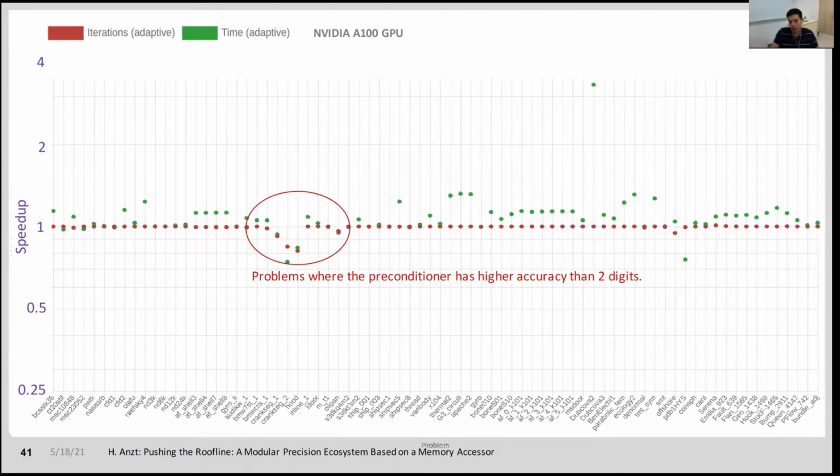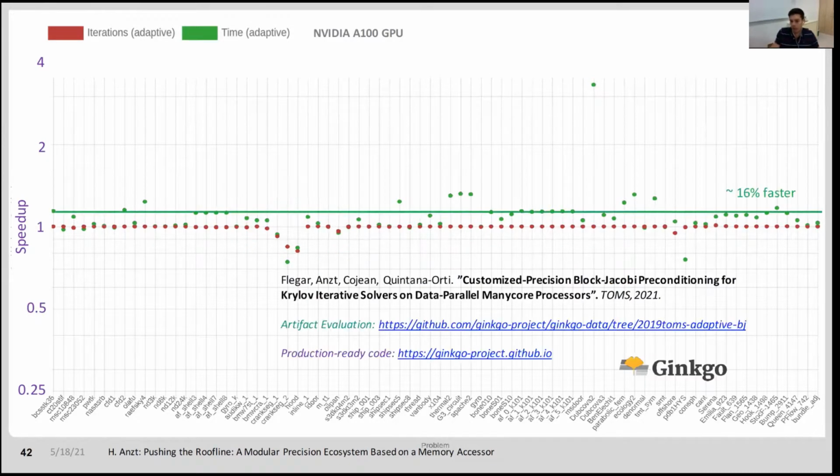So the preconditioner was the exact, or more or less exact inverse. And if I now use lower precision for storing the information of the preconditioner, I lose information, and I need additional CG iterations. However, for most of the systems, I'm faster, and on average, we have something like a 16% speedup.